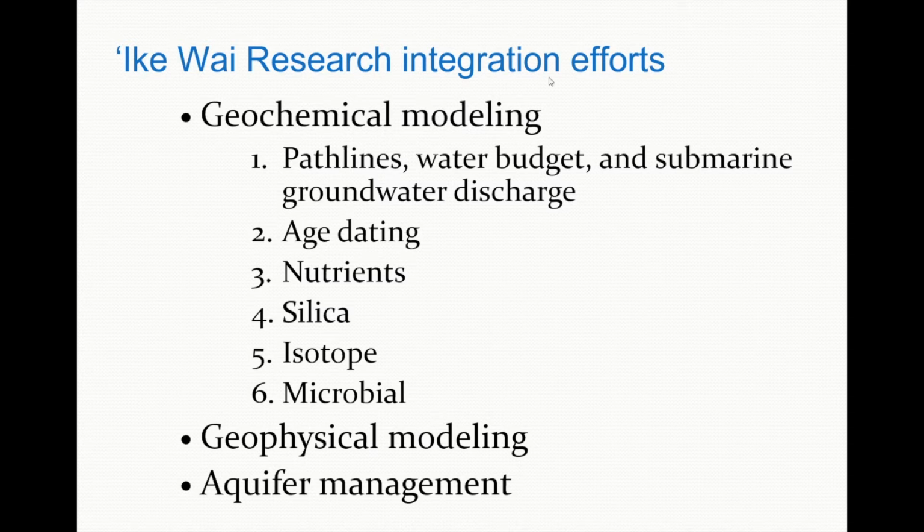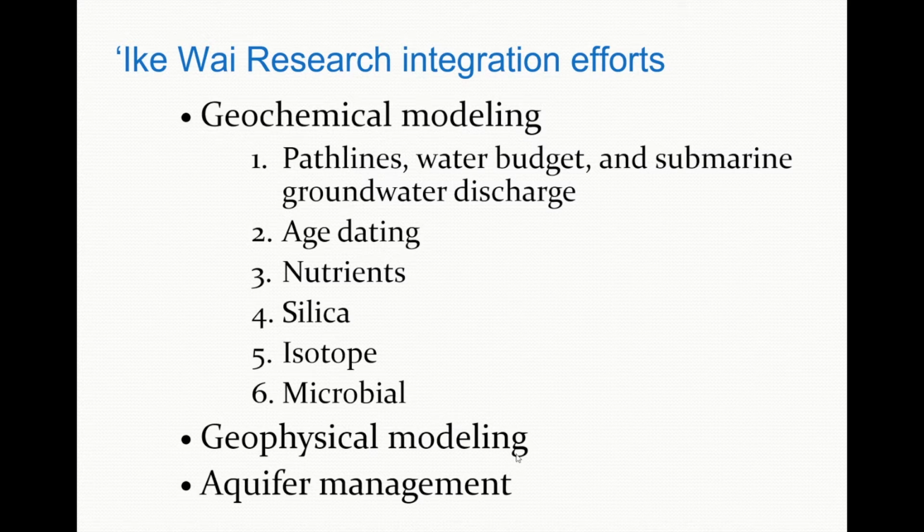So this is done through field data collection, and we use this information to calibrate and validate our models. And for age dating, nutrients like nitrate, silica, and isotopes, as well as microbial data. So again, all of this information can be very valuable in calibrating and validating our models.